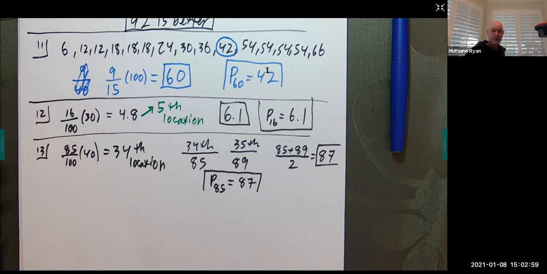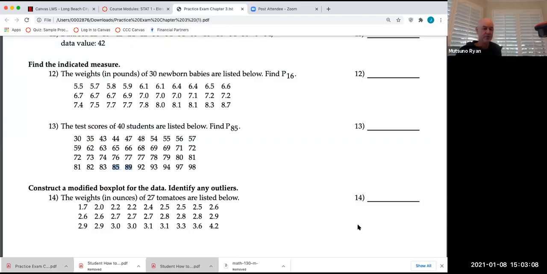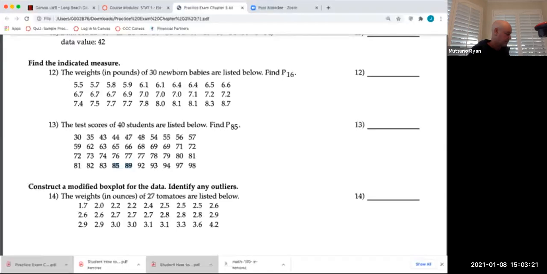All right, we are to our last problem. So we're going to construct a modified box plot for this data. And I'm going to use this sheet. There we go. This is number 14.